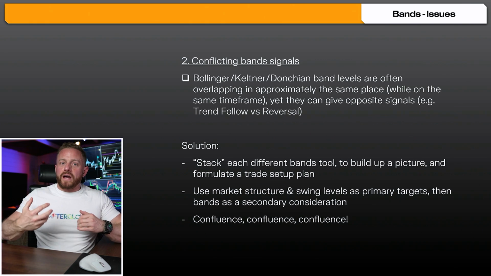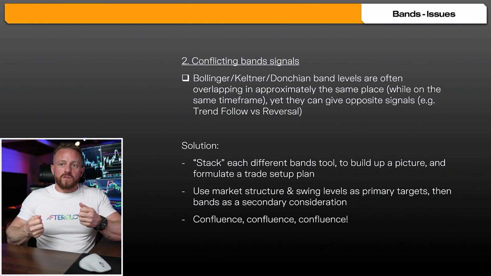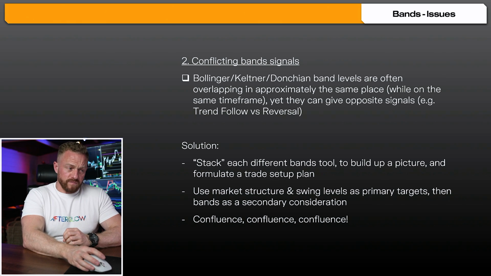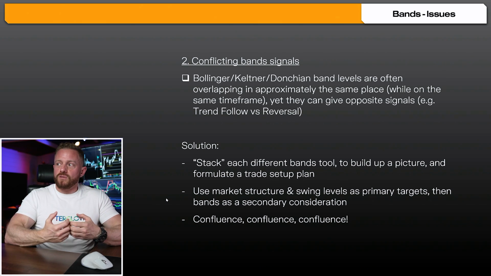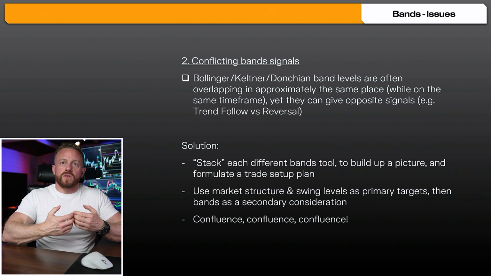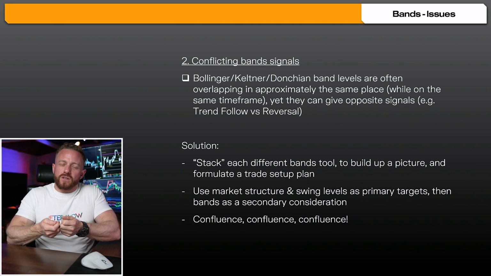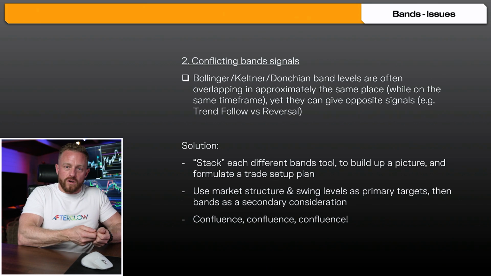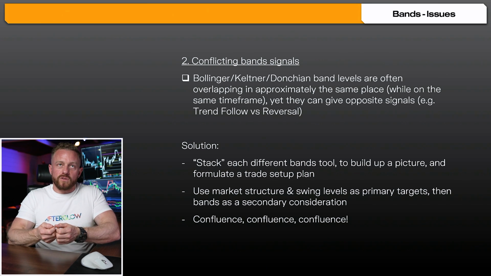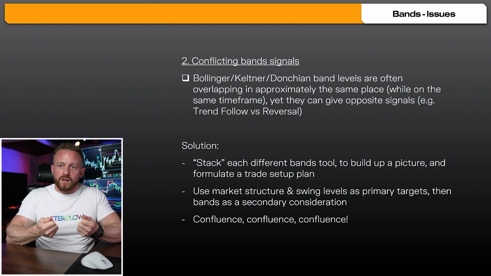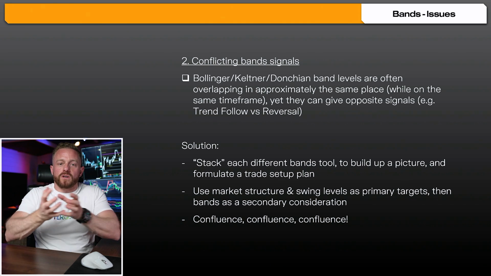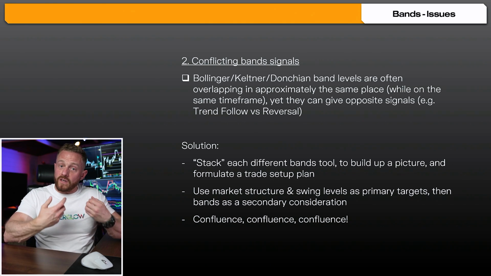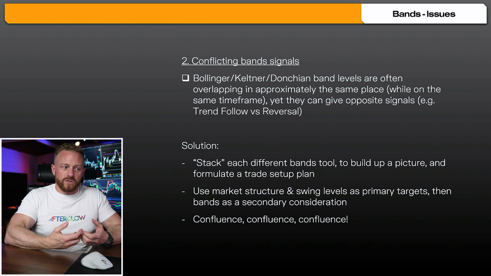So yeah, stack those different tools to build up a complementary picture. The second thing is that generally I wouldn't use these three bands as your primary signal. Really, you should be using the market structure and the swing levels as your primary indication of what you're going to do, and then you can add the bands tools as a secondary consideration.